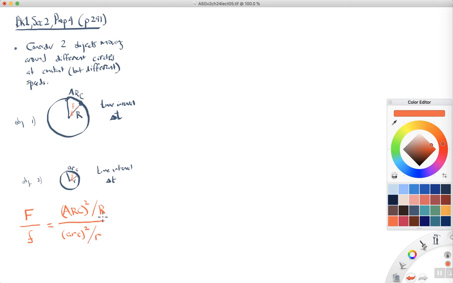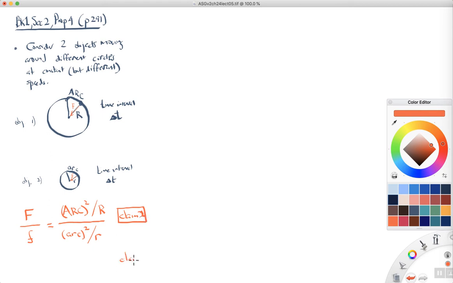This is one of the claims that he's making in this proposition. So this is claim 1. That in order for these two objects to be orbiting, they experience centripetal forces. And so I guess maybe I'll call this claim 2. I'm going to order these differently.